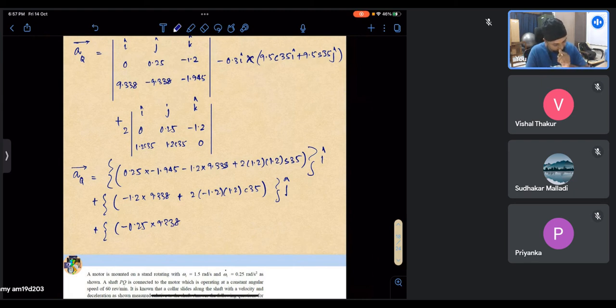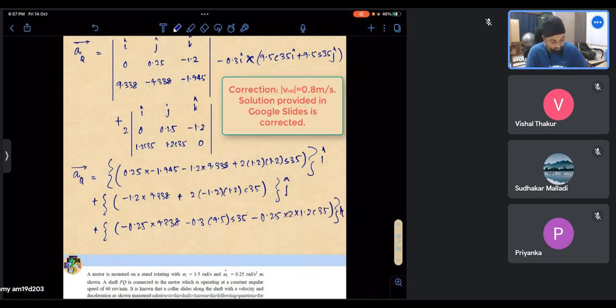And then I have minus 0.3 into 9.5 sin 35 minus 0.25 into 2 into 1.2 cos 35. This is my k component.